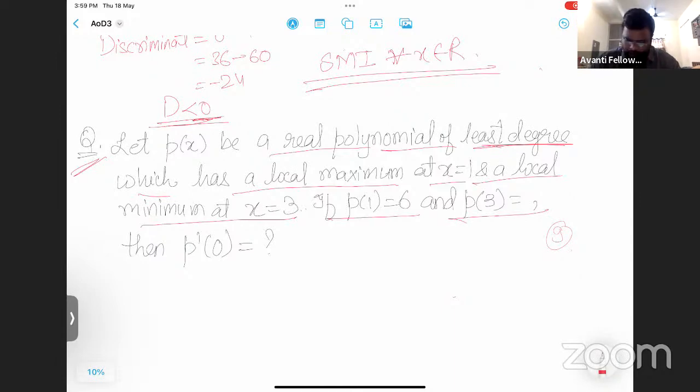P of 3 is, just give me a second, I'll just check this value. Give me a second, I'll just find the value and come back.